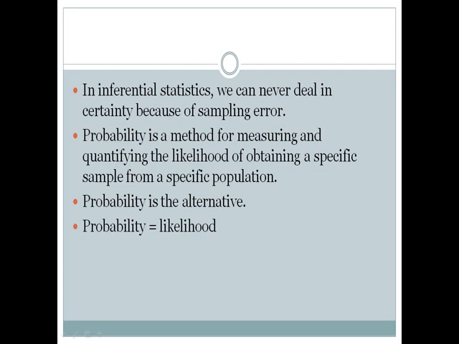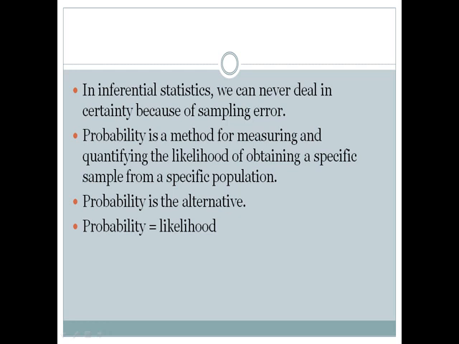Likelihood is the one-word definition for probability. In this class, we'll also be using probability and proportion almost the exact same way. With probability, we're trying to predict the possibility of an event's occurrence.